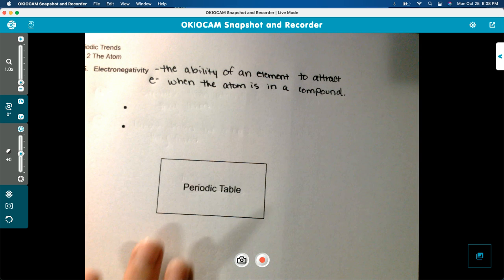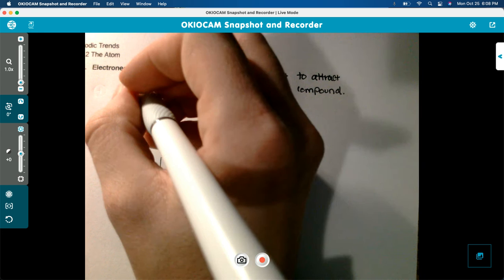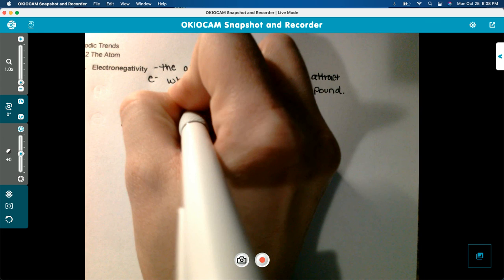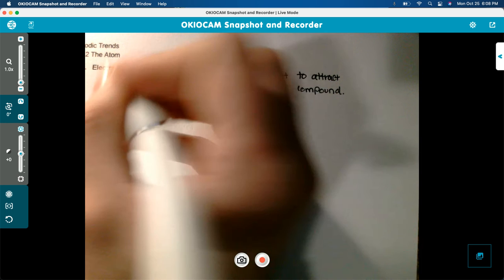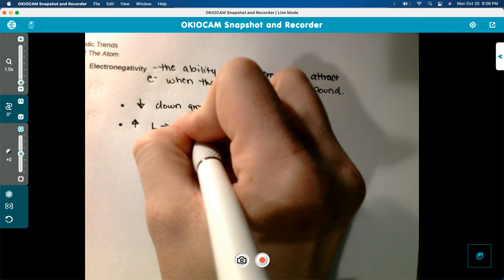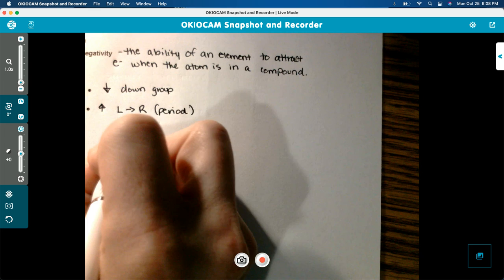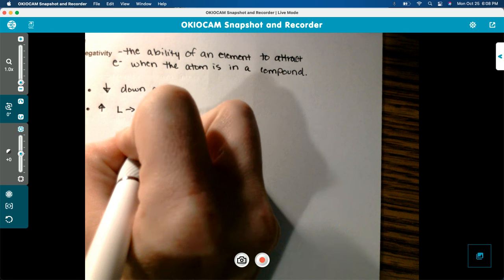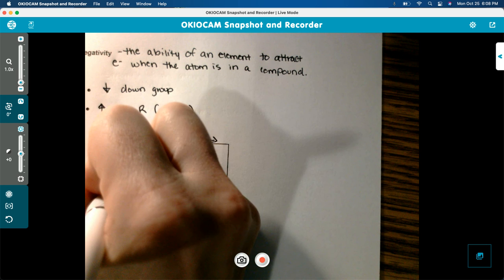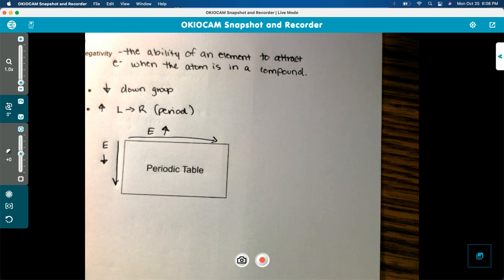The general trend for electronegativity is that it tends to decrease as we move from the top to the bottom, or it decreases down a group. And it tends to increase from left to right across the period. So we're going to see electronegativity increase as we move left to right across our periodic table, and it's going to decrease as we move from top to bottom.